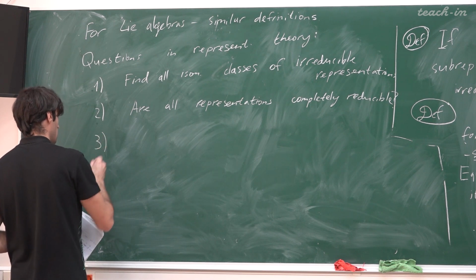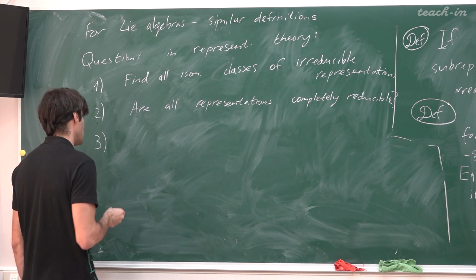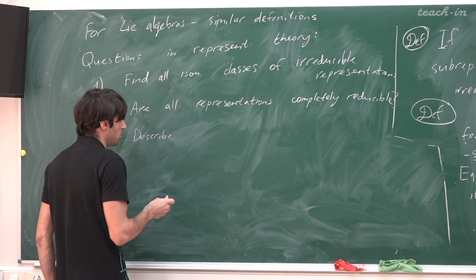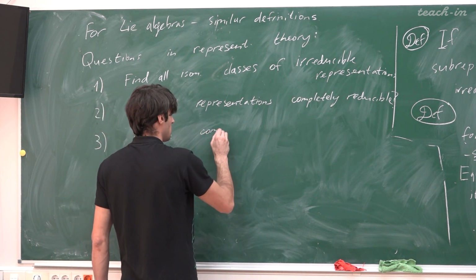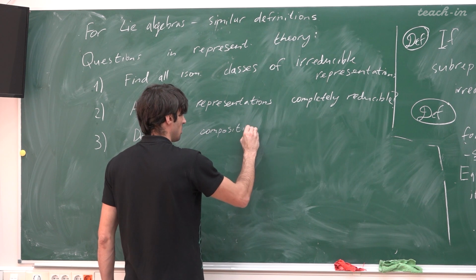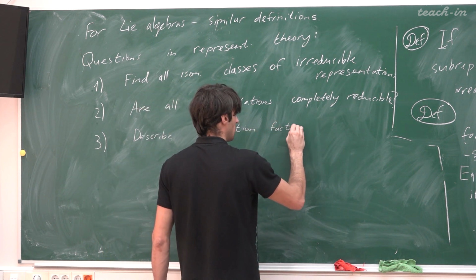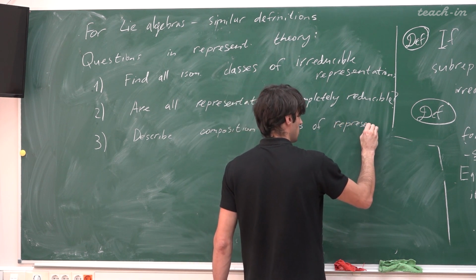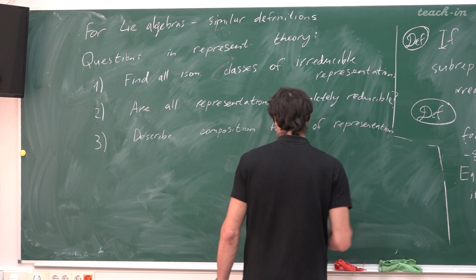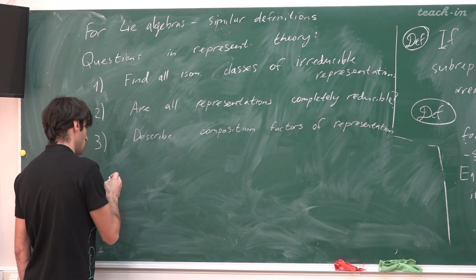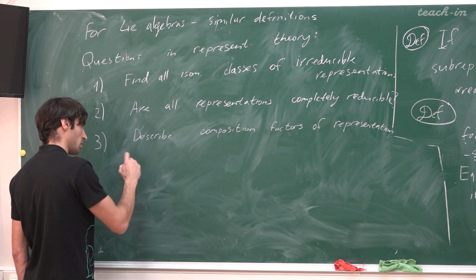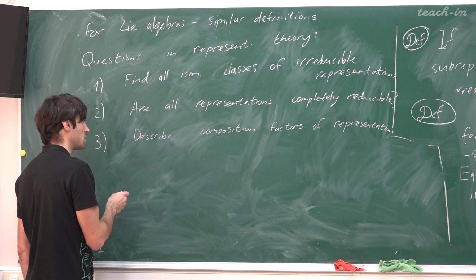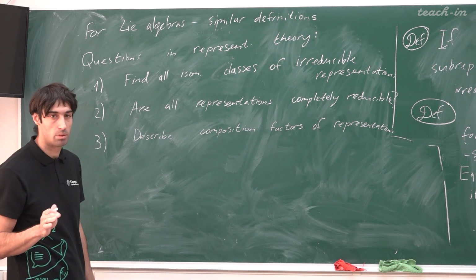And if not, then the third question is to describe what are called composition factors of your representation. Let us think about finite dimensional representations.